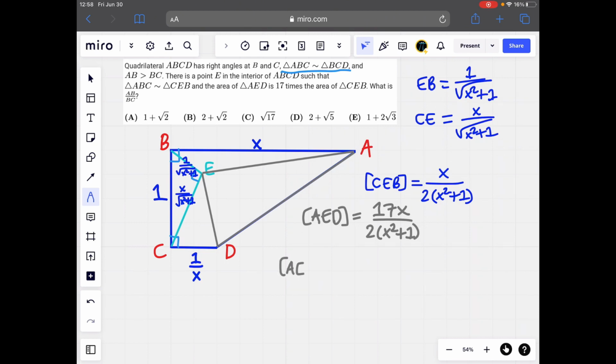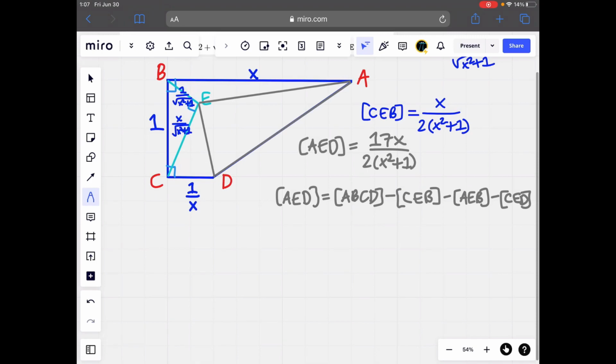AED can also be expressed as the area of ABCD minus the area of CEB, and then minus the area of ABE, and minus the area of CED. If we can find the value of this expression and set it equal to 17x over 2 times (x squared plus 1), then we can write an equation in terms of x, which can allow us to find the value of x, which is what the problem asks us to do.